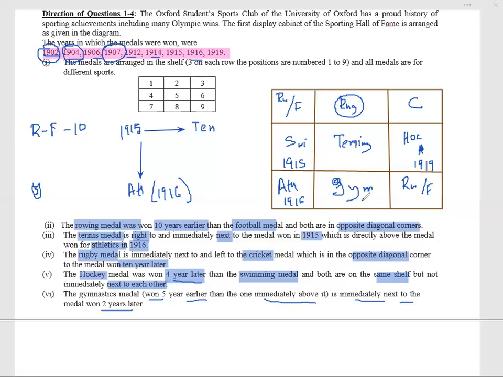So this is 1902, this is 1907, and this is 1904.